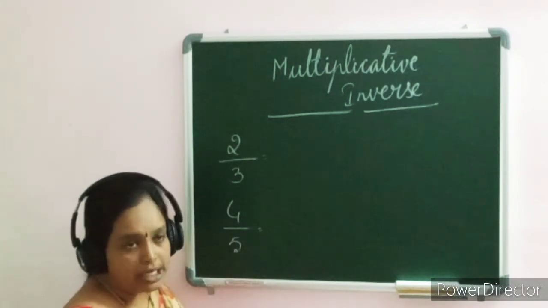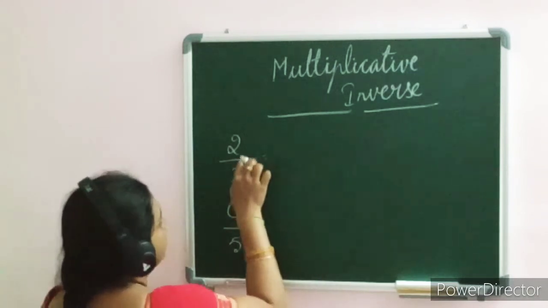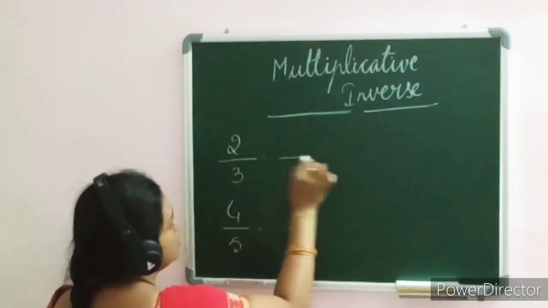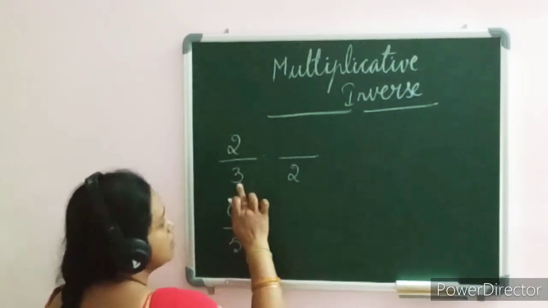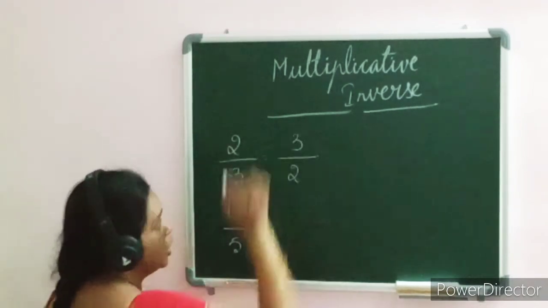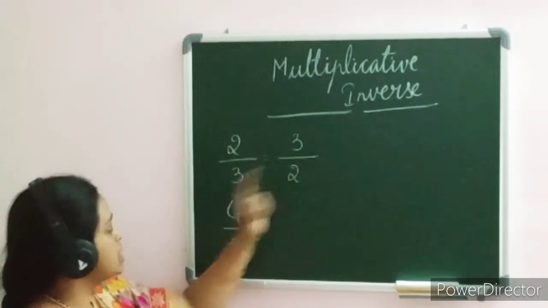Numerator you have to write as denominator and denominator you need to write as numerator. Here what is the numerator? 2. In our answer this 2 will become the denominator and the denominator 3 will become the numerator. This is the multiplicative inverse of this one.